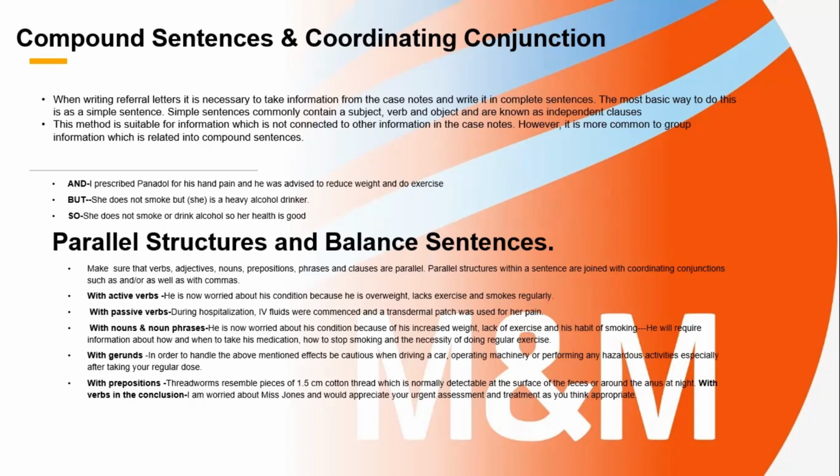Let's say he has been given 15 liters of oxygen and has been prescribed medication, the same form when you are writing, right? So this is your parallel structure, or balanced sentences. Balance means in the two places of the sentence, you must use the same form of the verb, noun, gerund, and preposition as well, right?